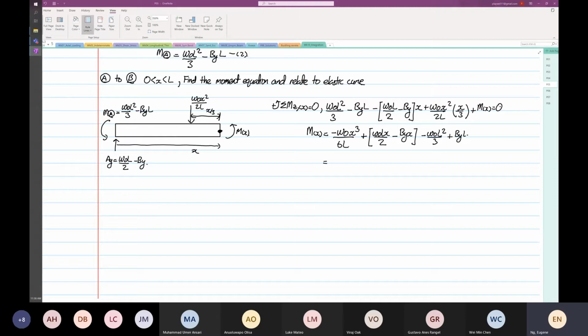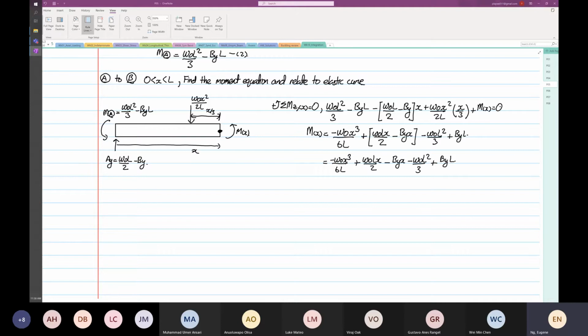Once I remove the bracket, plus ω₀Lx over 2 minus Byx minus ω₀L² over 3 plus ByL. Okay, let me check.